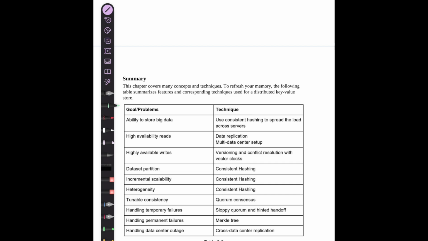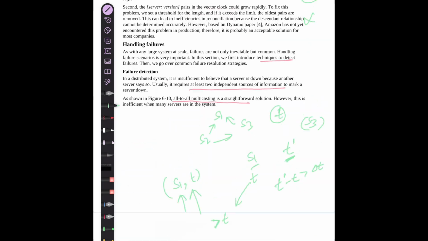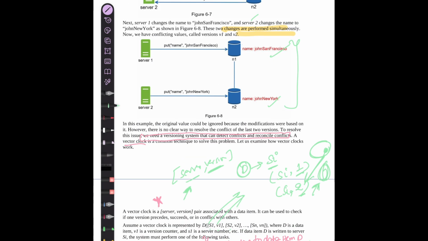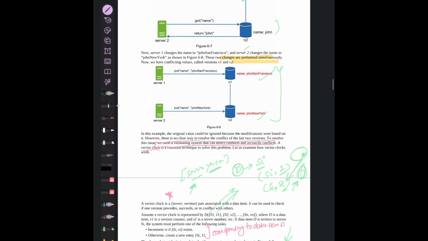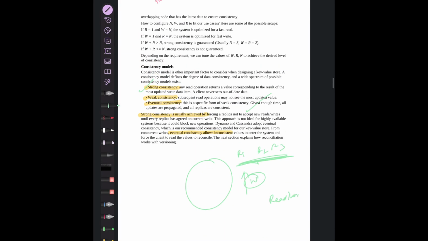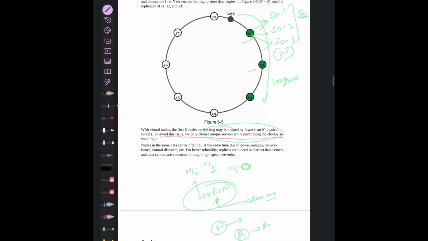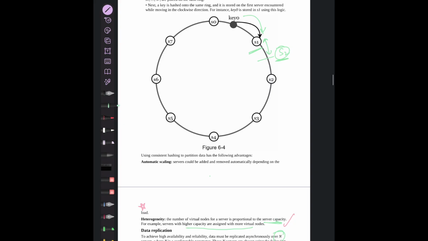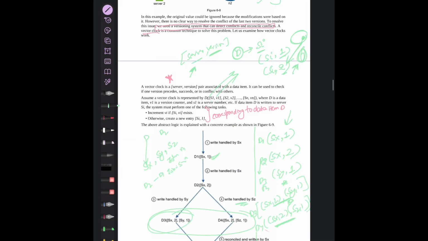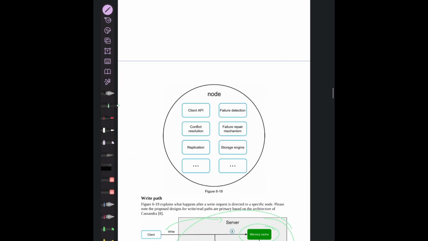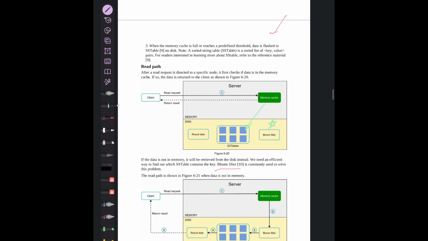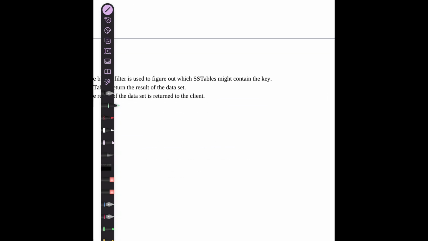You use a Merkle tree to detect a permanent failure. And in between, I guess we also went through the concept of vector clock, how you determine the inconsistencies in the system, and why the concept of versioning. We understood the concept of W and R, that at least W nodes need to acknowledge, and at least R nodes need to acknowledge, to ensure consistency.